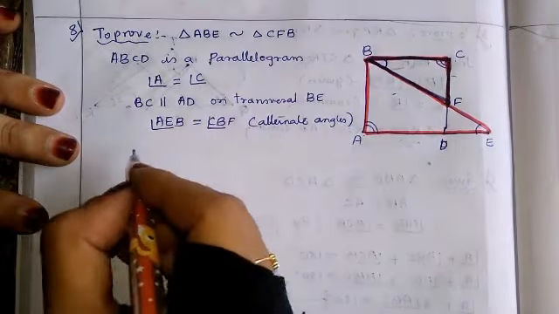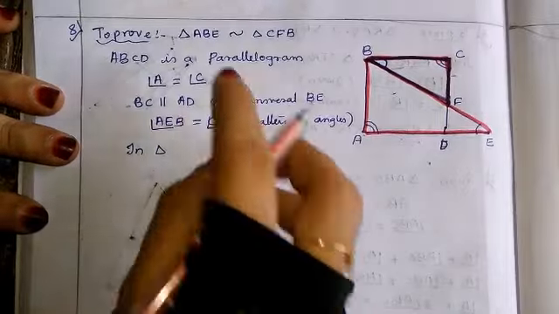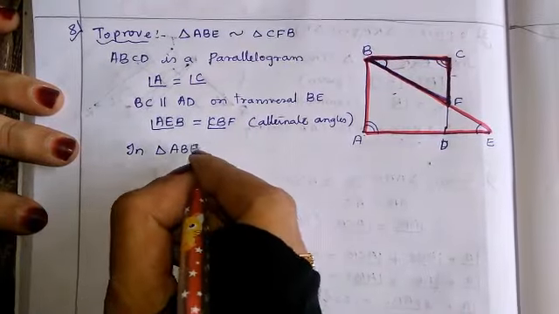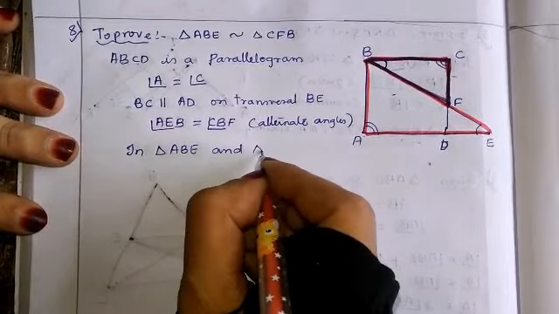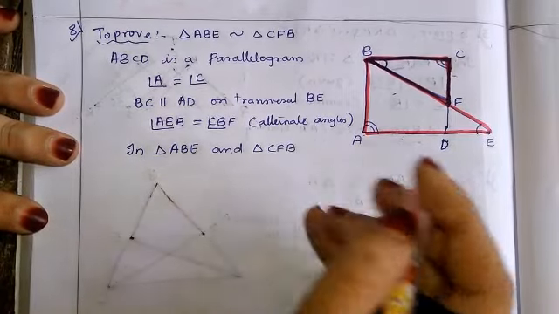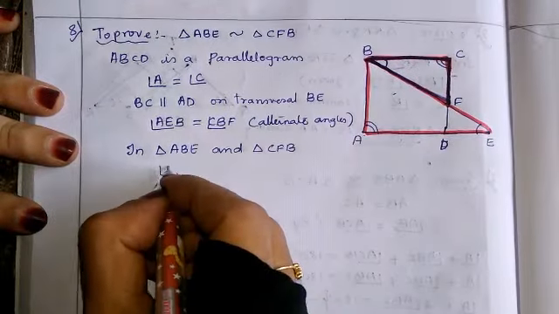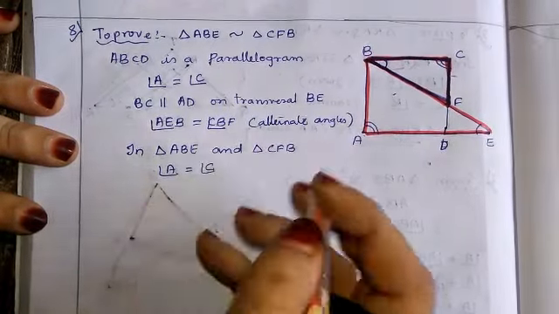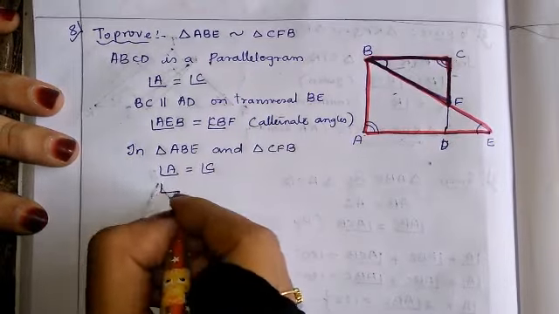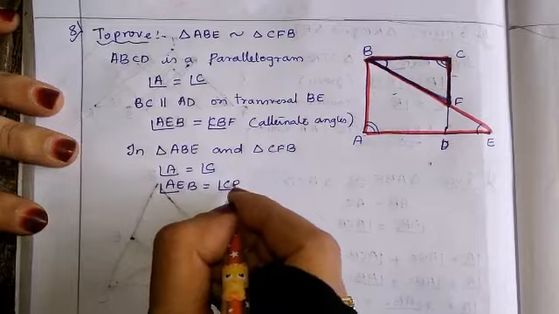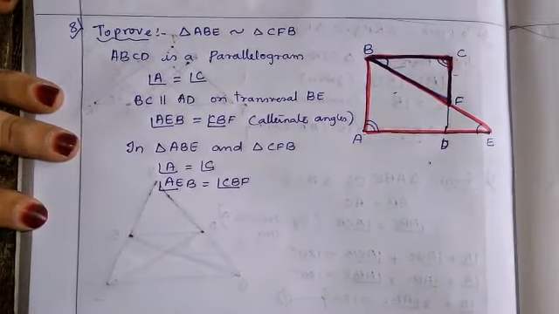Let us see now in triangle ABE and triangle CFB, angle A is equal to angle C and angle AEB is equal to CBF. We proved these two.